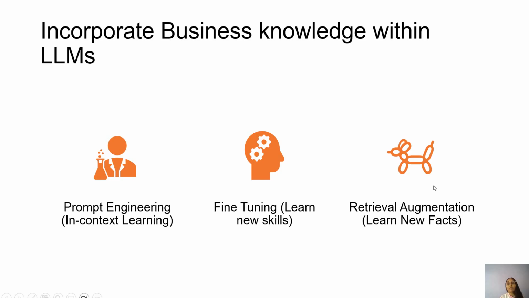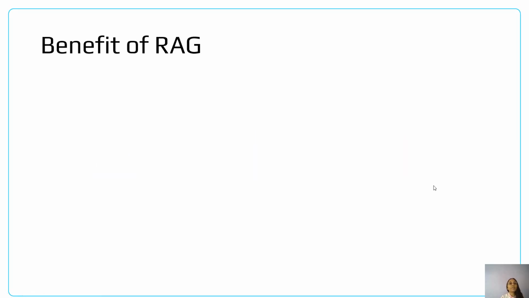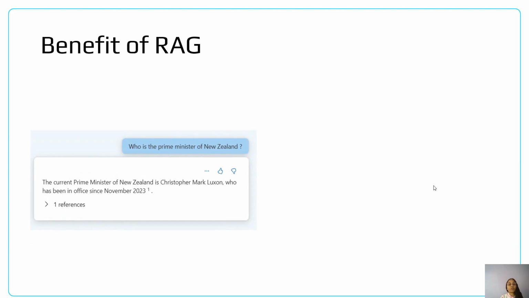So now let's see what the benefits of RAG are. Again, I went back to my question: who is the Prime Minister of New Zealand? But before asking this question, I have fed a new document which says that the current Prime Minister of New Zealand is Christopher Mark Luxon, who has been in office since November 2023.